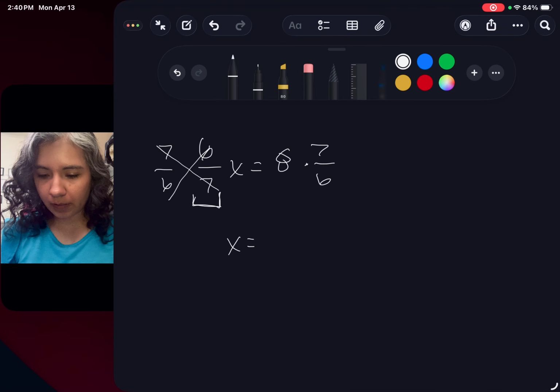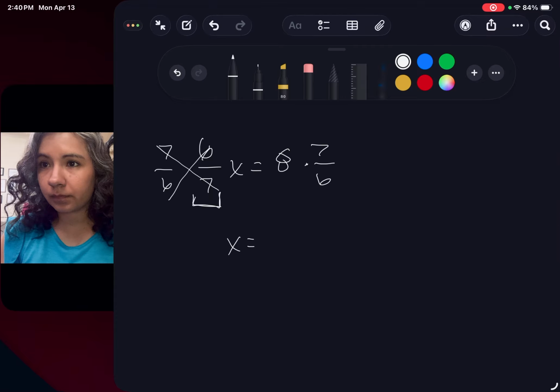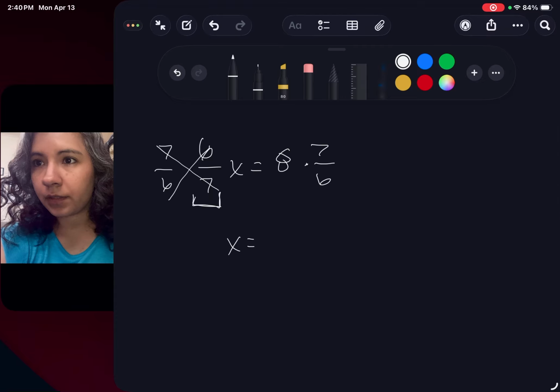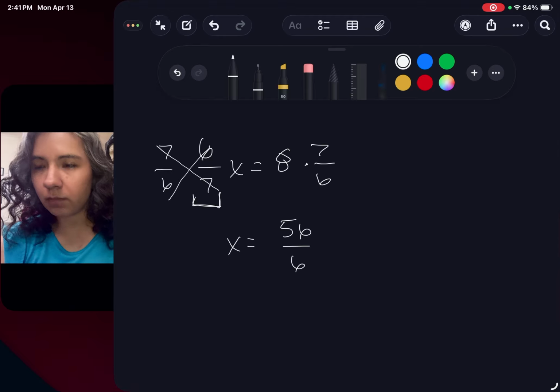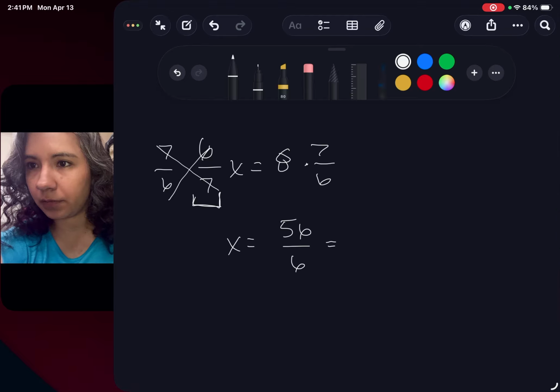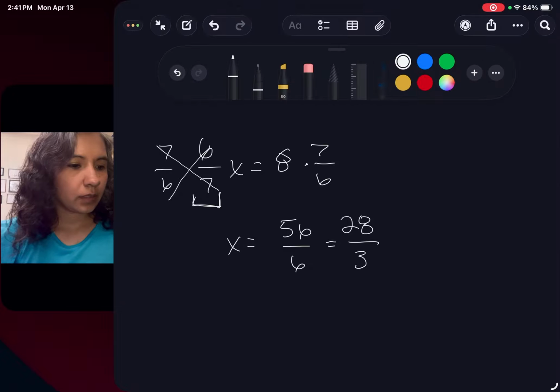Which is 56/6, which doesn't divide, but it reduces by 2, 28/3, right?